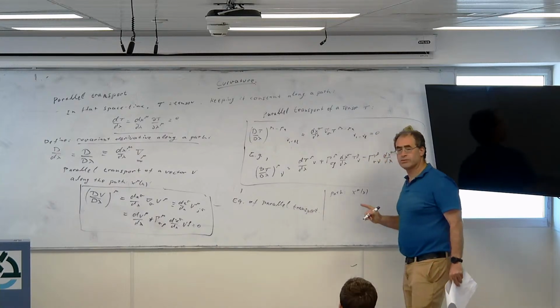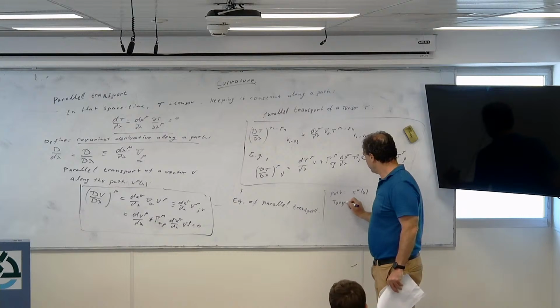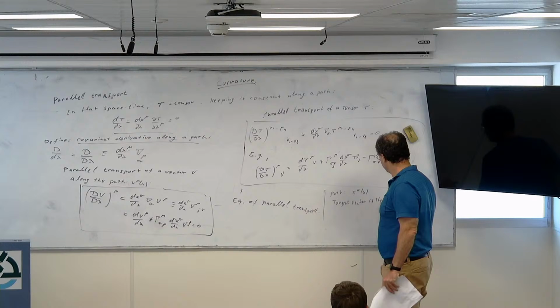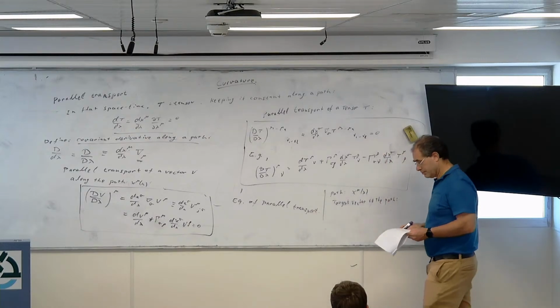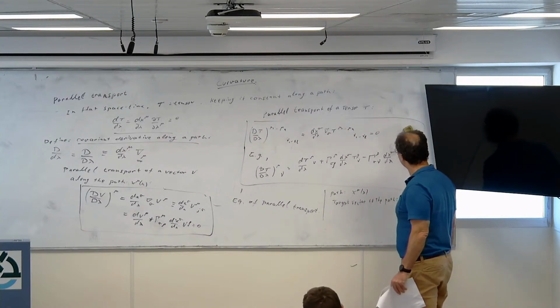What would be the tangent vector to the path? It would just be dx^mu over d lambda.